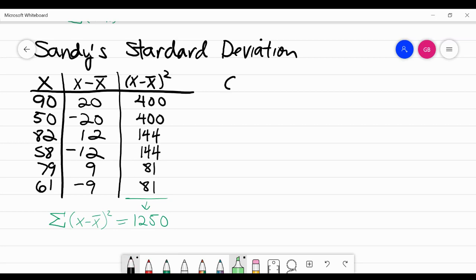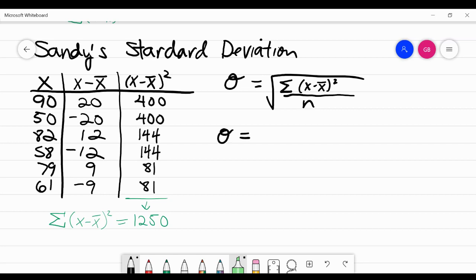Okay. Now, let me copy the formula over. Okay, so the standard deviation is the square root of the number we just found, 1,250, divided by how many numbers we have?